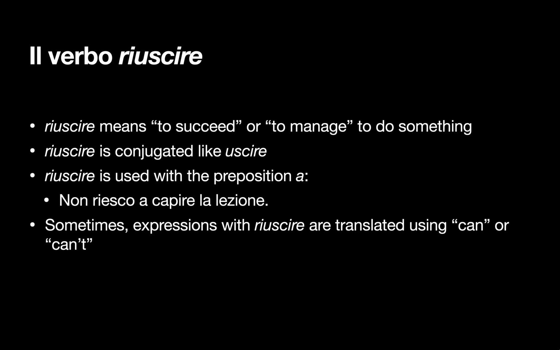So we would probably translate it as I can't understand the lesson. So riuscire is a very idiomatic way to express that you can or can't do something. Especially non riesco a fare qualcosa is I can't do something.